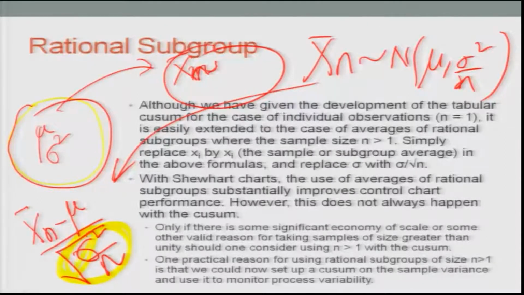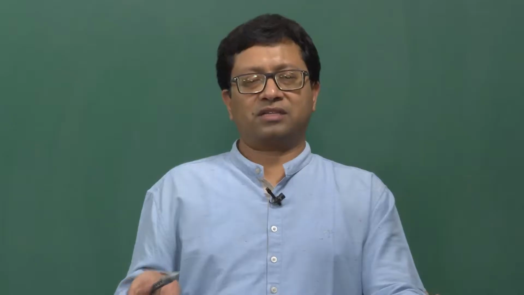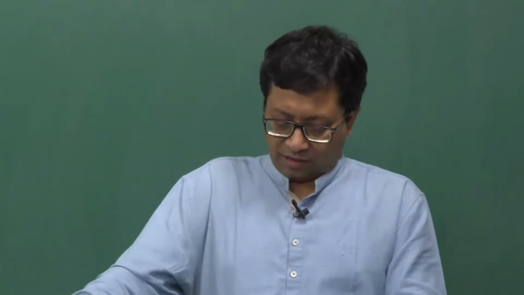This will be the value of the standard deviation, which comes out to be sigma by square root of n. That is why we are saying replace sigma and use the value of sigma by square root of n. This is the actual concept, such that we utilize the sample characteristics, find out its distribution and use that in the normal case and find out the standard normal deviate.